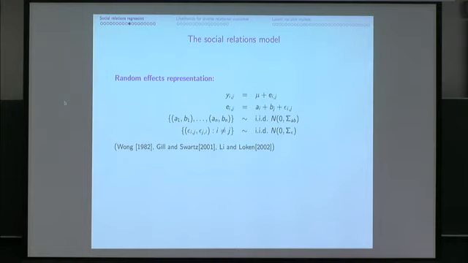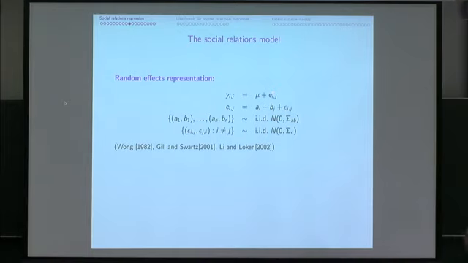We have some network data set, we have some baseline mu representing the density or sparsity of the network, and then we have some Eij, which represents residual variation. The residual variation gets decomposed into parts: a row effect, a column effect, and then a within-dyad effect.